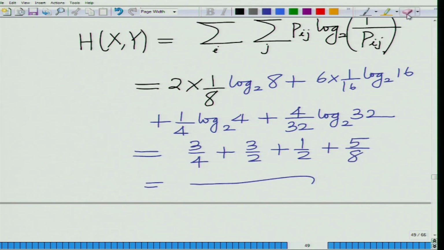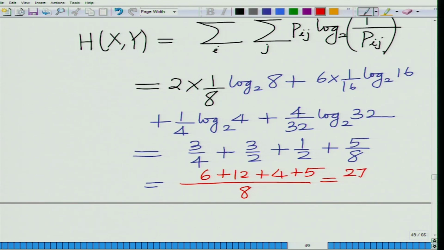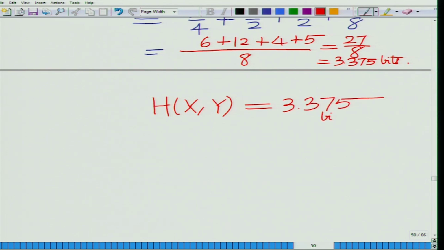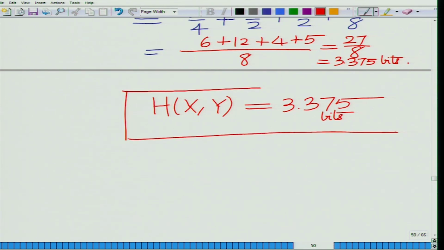That is, over 8, you have 6 plus 12 plus 4 plus 5, that is 22 plus 5, that is 27 over 8, which is equal to 3.375 bits. So, we have the joint entropy H of x comma y for this example, which we have computed treating the symbols as 2D symbols.